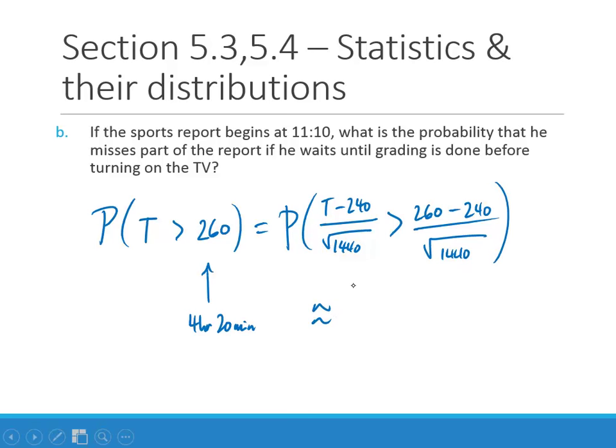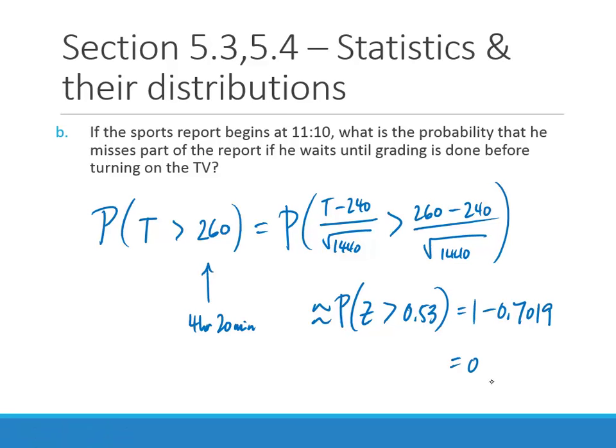And then again, because we have the central limit theorem going on here, this is approximately the probability that a standard normal is bigger than 0.53. And that's 1 minus 0.7019, or 0.2981.